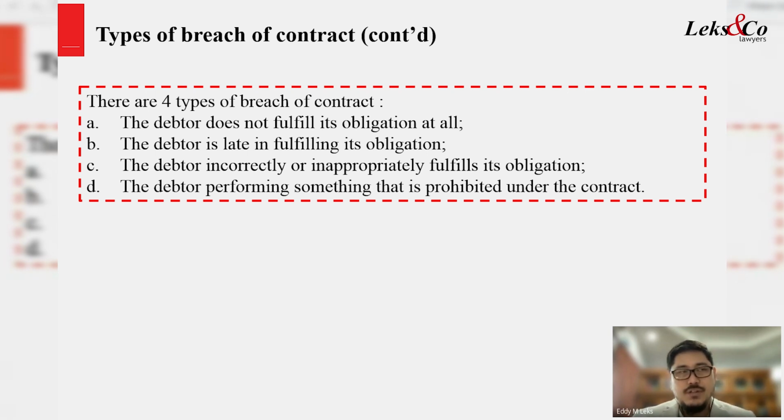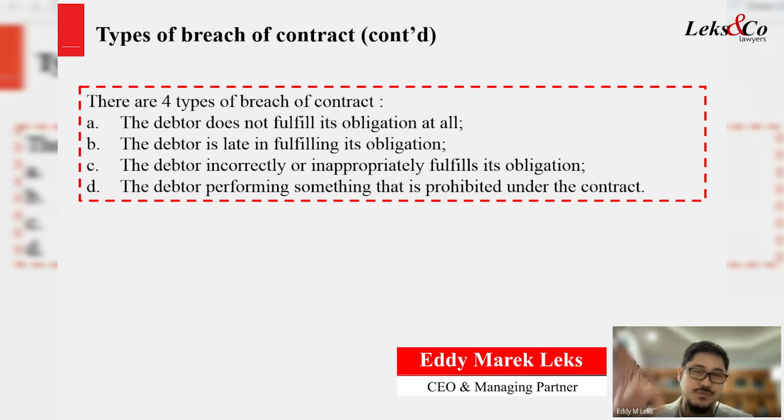The product or the service might be delivered, but the way you deliver it violates the contract. That's why it is the debtor incorrectly or inappropriately fulfilling its obligation.